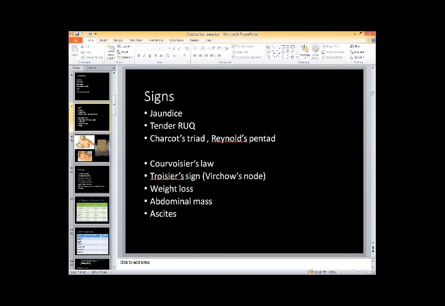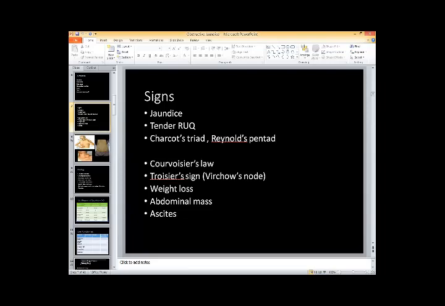Then there is another sign which is also very important, and people also ask you about this. There is a law. It is called Courvoisier's law. You need to look for it and remember it. Courvoisier's law is also present in the obstructive jaundice patient.